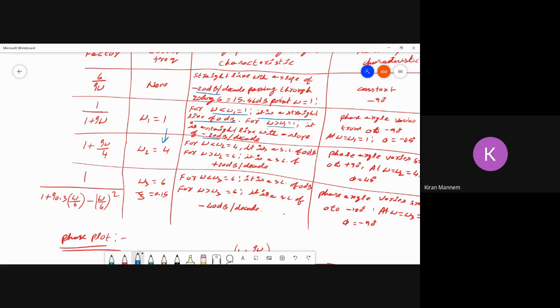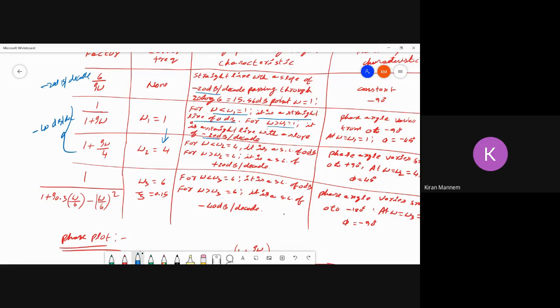So before 1 it is minus 20 dB per decade, a straight line, and between 1 and 4 it is minus 40 dB per decade. And after that, look at the third one, for less than 6, it is again a 0 dB line. So you'll get the same value as the previous one.